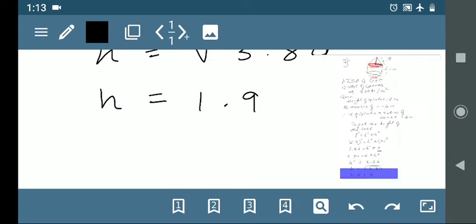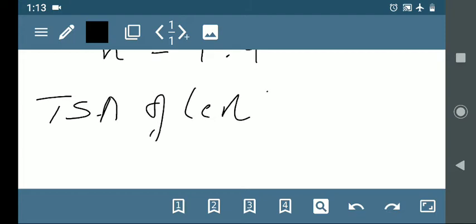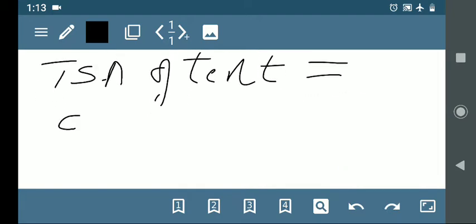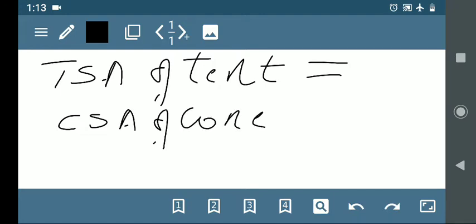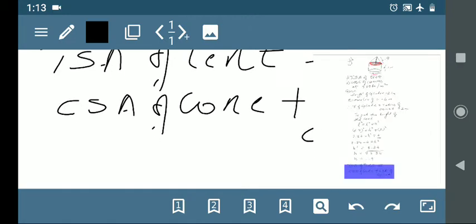So we need to find total surface area of tent. Total surface area of tent is equal to CSA of cone plus CSA of cylinder. What is the formula for CSA of a cone?